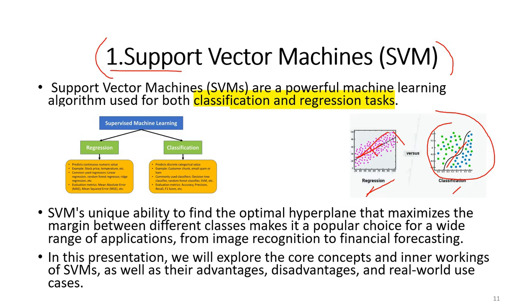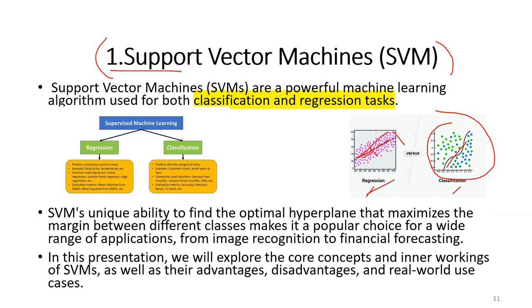Those nearest data points are called support vectors. These are the nearest data points. SVM always tries to maximize the margin. Why is it important? A large margin means better generalization, so the model becomes less sensitive to noise.